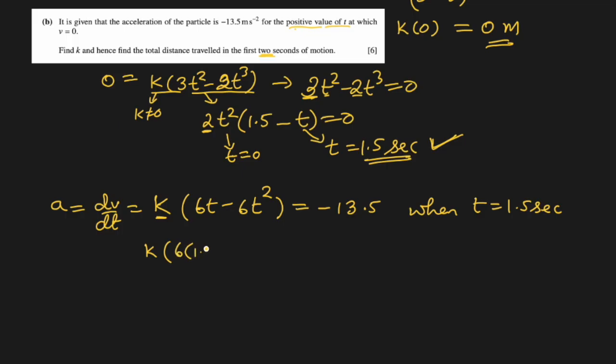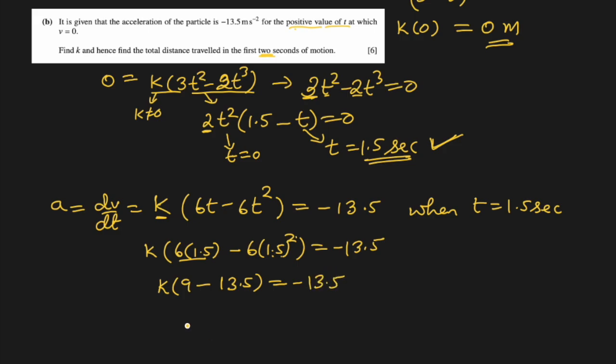6 times 1.5 minus 6 times 1.5 square, times k, equal to negative 13.5. 9 minus 2.25 times 6, 13.5, times k equal to negative 13.5.